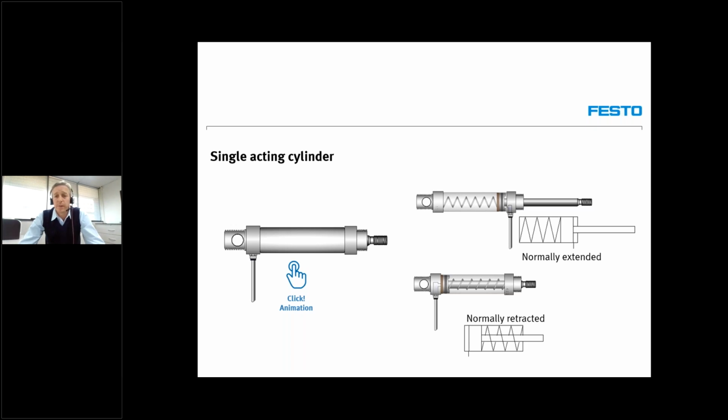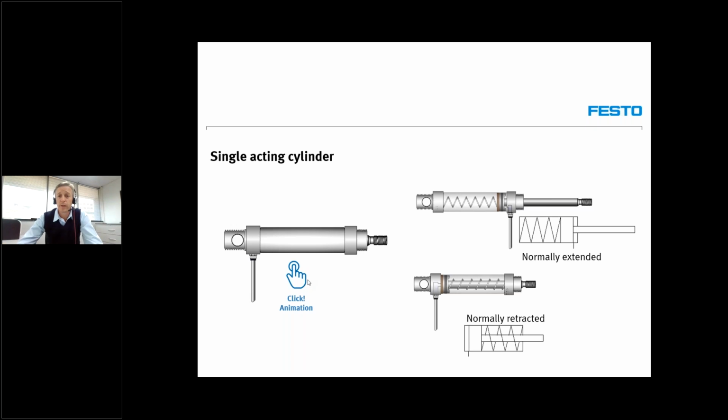The single acting or spring return actuator is used if a fail-safe position is critical, with air moving the actuator in one direction and a mechanical spring moving the cylinder back to its normal position, even on air failure. You can see there's a spring to extend and a spring to retract, depending on the position of the spring.